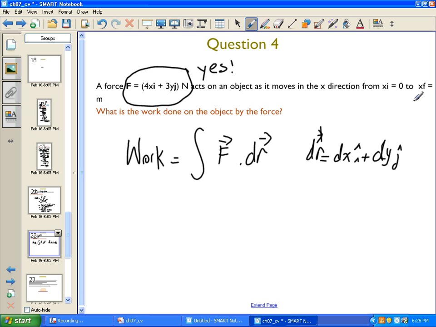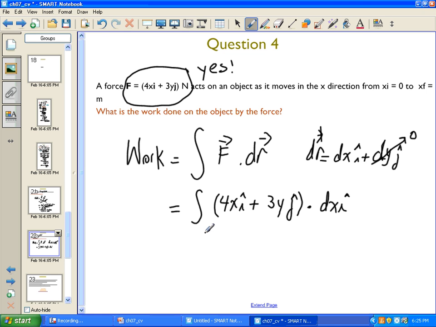Well, our variation is only in x, so dy is 0, there is no variation. So dr is merely given as dx I hat. So let's substitute. We have 4x I hat plus 3y j hat dotted with dx I hat. And x goes from 0 to 5.